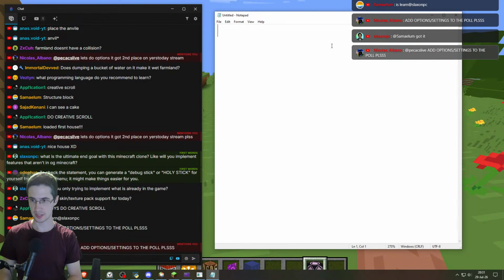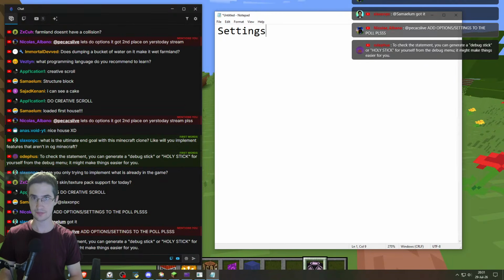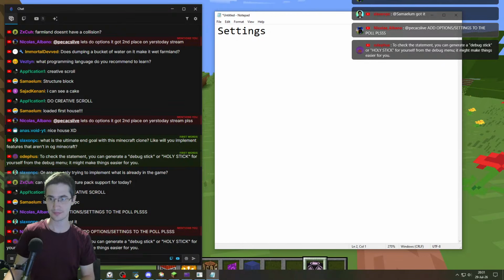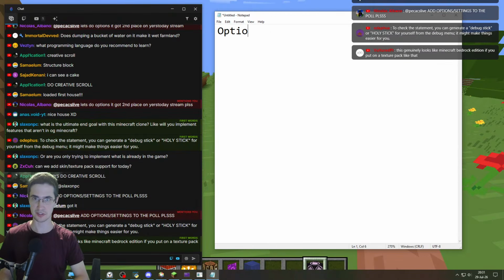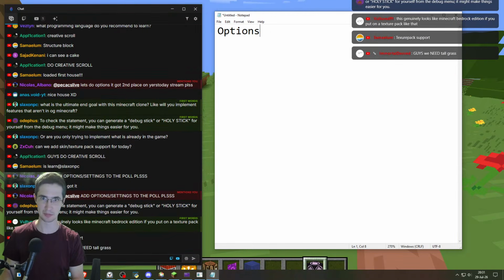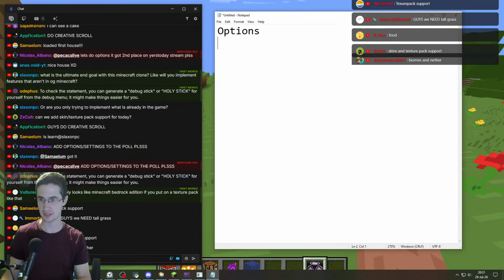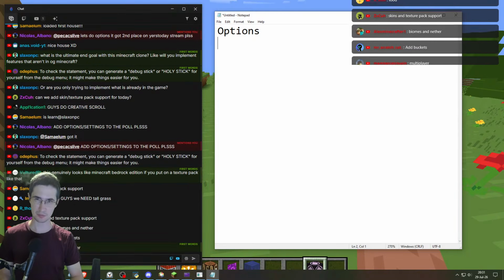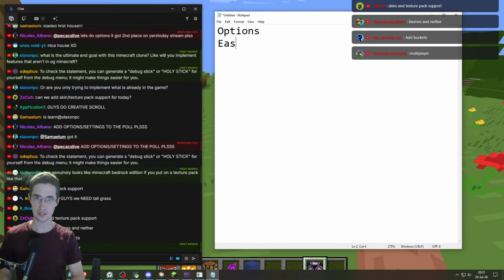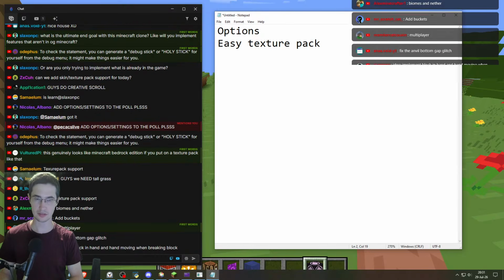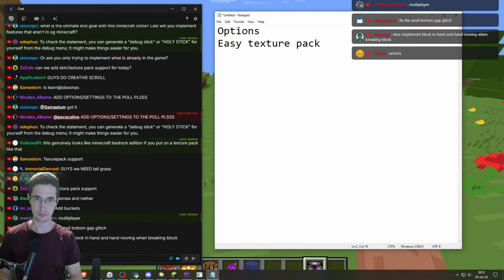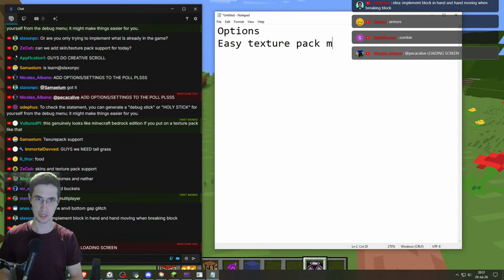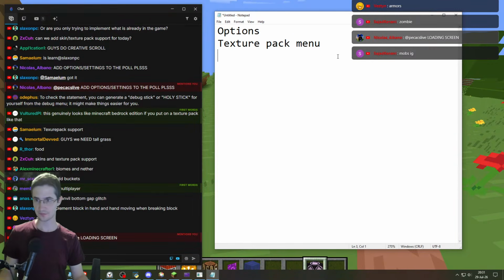We already see one idea, settings. Anything else? Or let's call it options, maybe people will prefer that. We have texture packs, but maybe an easy texture pack switch menu, like to pick different textures.